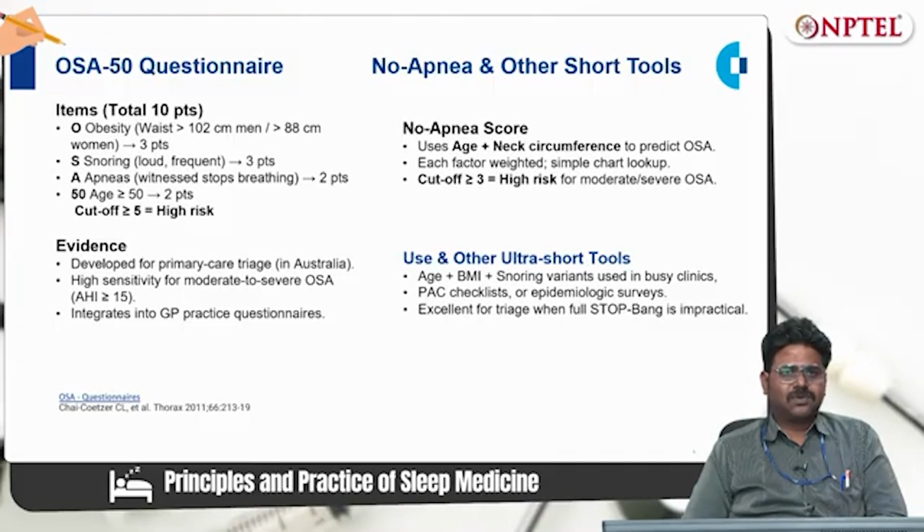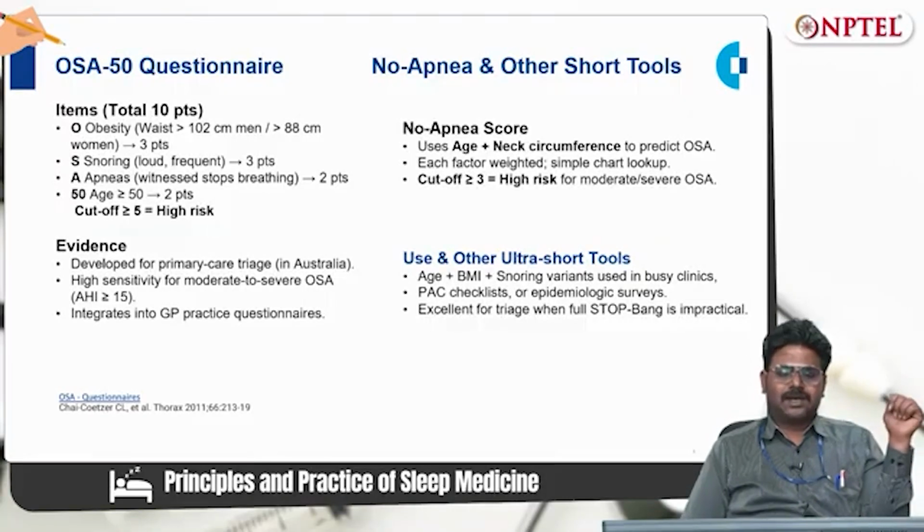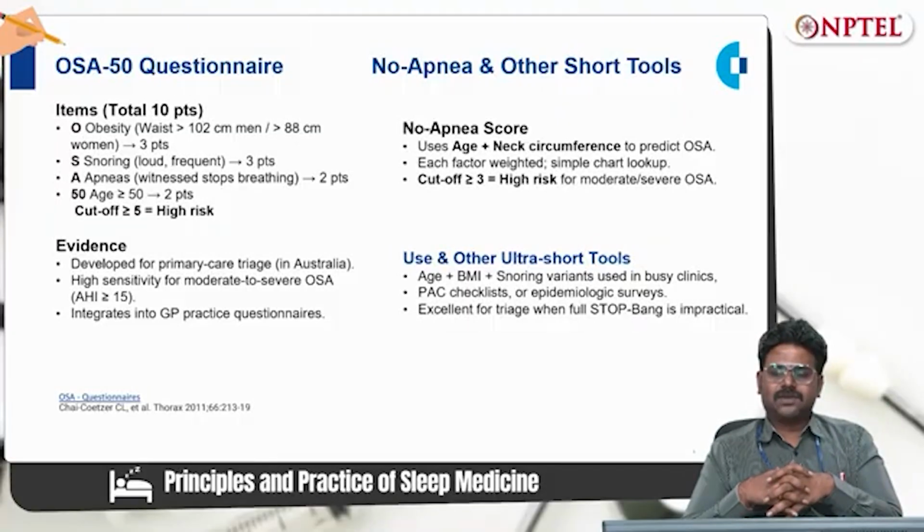And 50 stands for age, more than or equal to 50 years, which means 2 points. The cutoff value is more than or equal to 5, which carries a high risk of OSA. The evidence: it was developed for primary care triage in Australia. It carries high sensitivity for moderate to severe OSA with an AHI of more than or equal to 15, and integrates into general practitioner practice questionnaires.